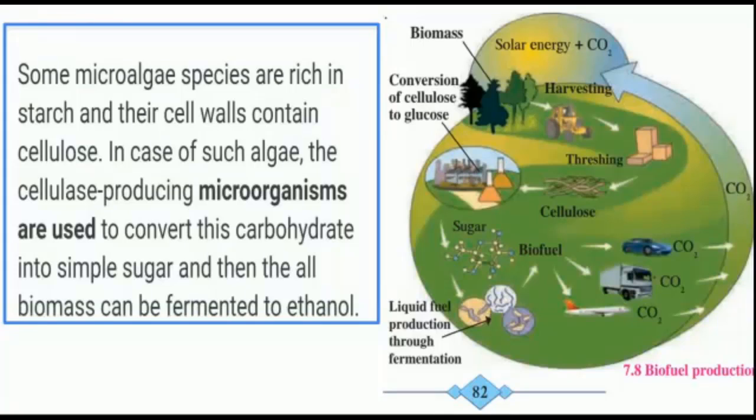They are rich in starch and their cell wall contains cellulose. In case of such algae, cellulase producing microorganisms are used to convert this carbohydrate, this starch, into simple sugar. And then all the biomass, that is the mass which is naturally available, can be fermented into ethanol.